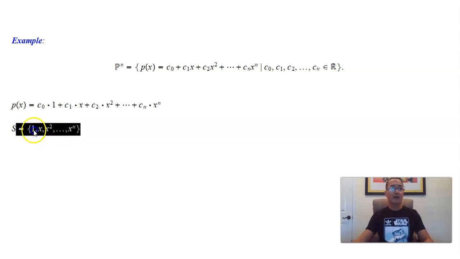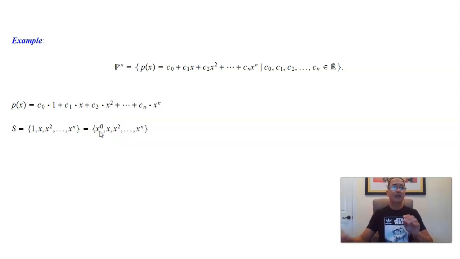And so you can also think of 1, in all honesty, as x to the power 0. So that is x to the 0, 1, 2, up to n. There are n plus 1 monomials in this set S. So we can thus conclude that we can write Pn as the span of this set S.